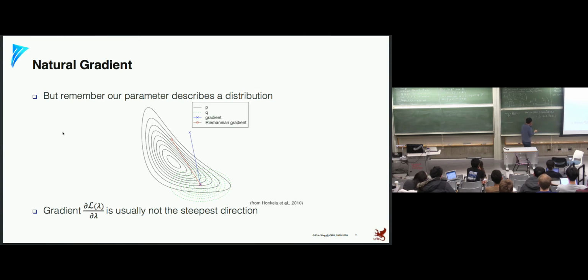This is what gradient descent does. We're currently at theta 0, and what it does is form a local quadratic. So this is a local quadratic approximation given by the Taylor expansion, and we choose the minimum of that local quadratic and call this our next update. So this is how gradient descent is motivated, right?